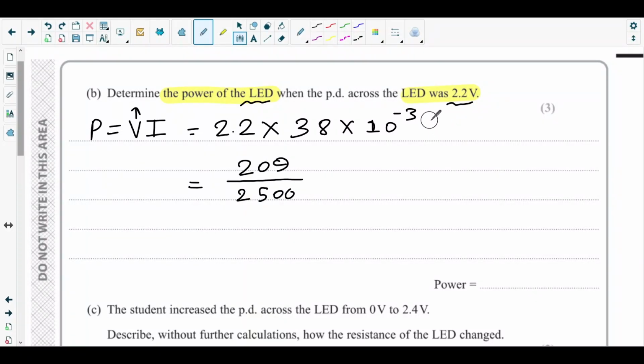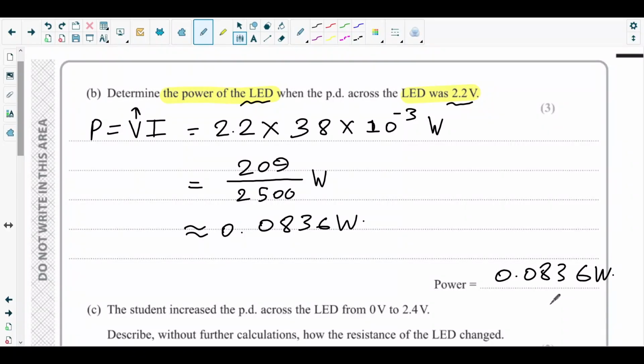Sorry, it's not volt, it is basically watt. The unit of power is watt. In decimal we can write 0.0836 watt. So the power is 0.0836 watt, up to 3 significant figures, and that's the exact value.